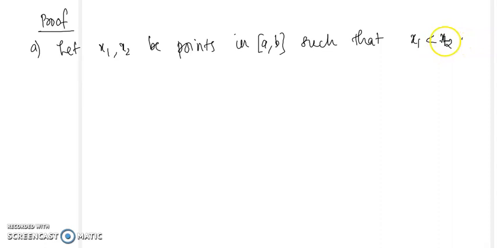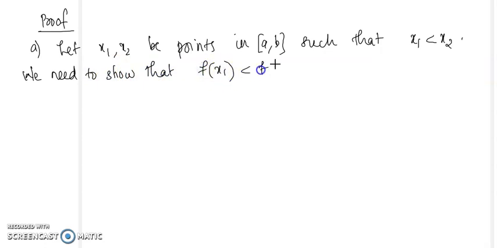Now our aim is to show that the function is increasing if f dash of x is greater than 0. So for increasing we must show that f of x2 is greater than f of x1, that is, f of x1 is less than f of x2.